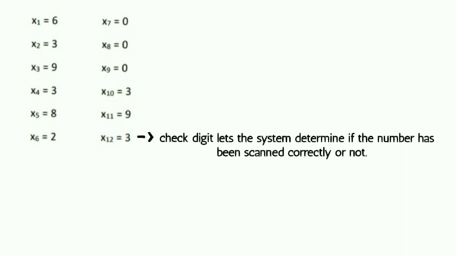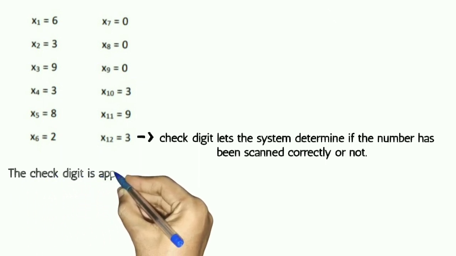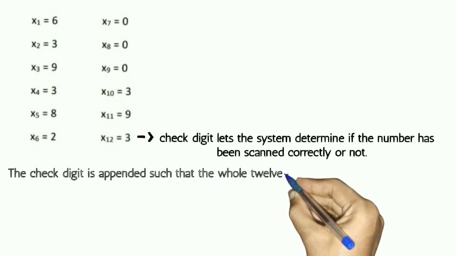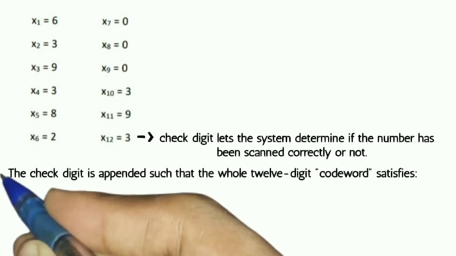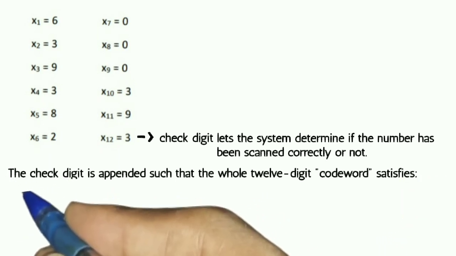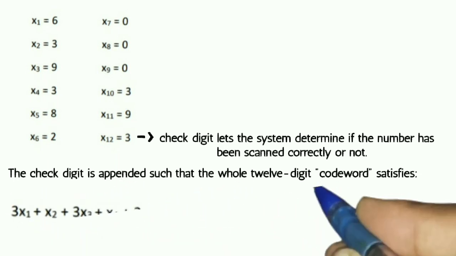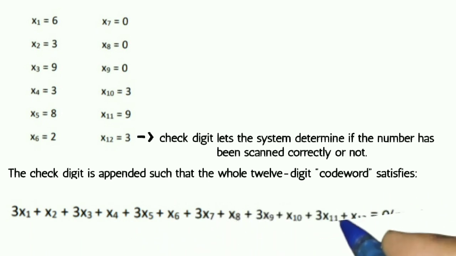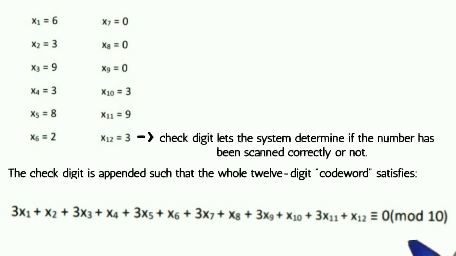Given the 11-digit string x sub 1, x sub 2 to x sub 11, the check digit x sub 12 is appended such that the whole 12-digit code word satisfies the following: 3x sub 1 plus x sub 2 plus 3x sub 3 plus x sub 4 plus 3x sub 5 plus x sub 6 plus 3x sub 7 plus x sub 8 plus 3x sub 9 plus x sub 10 plus 3x sub 11 plus x sub 12 and 0 are congruent modulo 10.